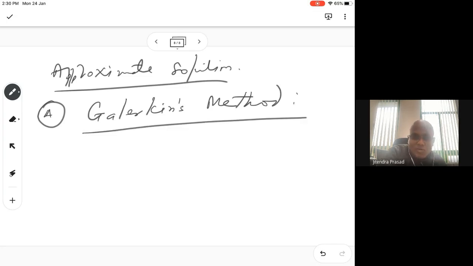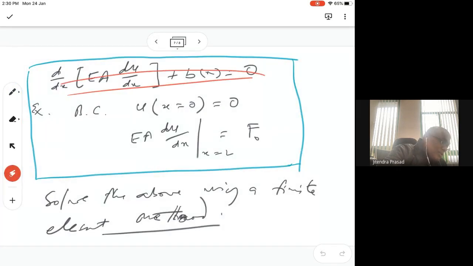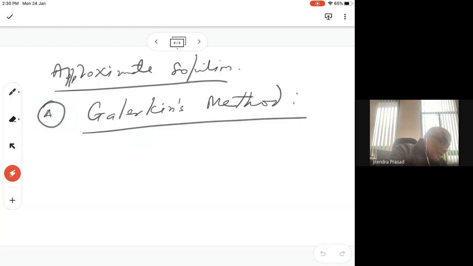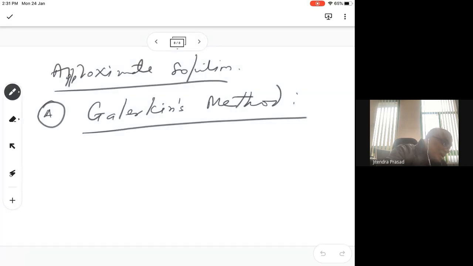And in that, what do you do? You have this problem, something like this one is equal to 0. What it does is, you assume an approximate solution, let us call it U dash.